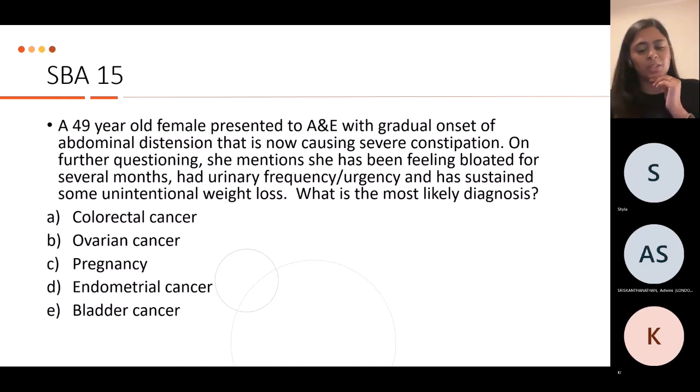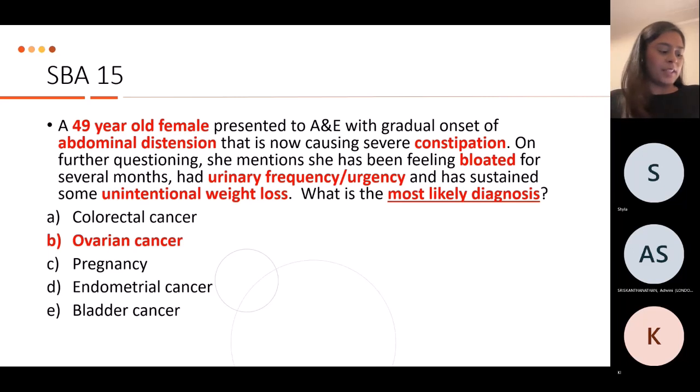I think this one is probably a cheeky one because you probably will know it's gynecological in nature. But if you had this question in your exams, it might be a different answer. So in this case, you are correct, it's ovarian cancer.